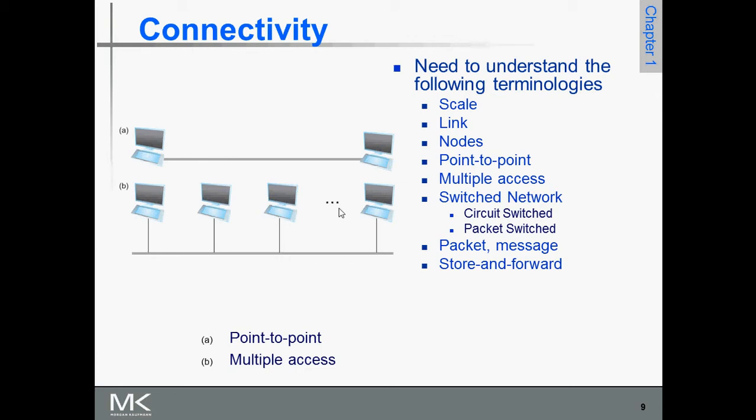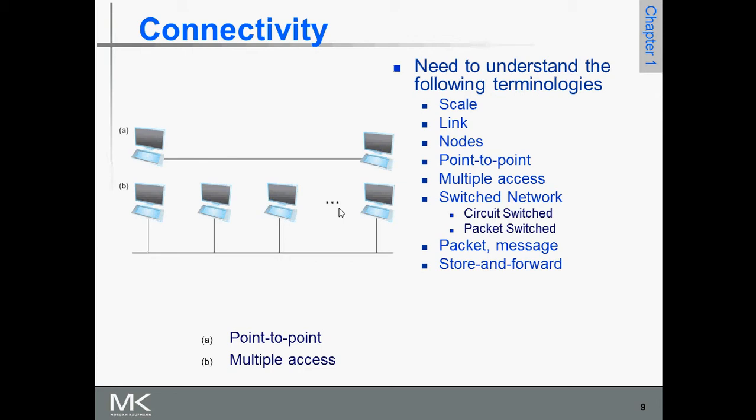So what is meant by scale? It is very simple. Scalable connectivity, or the scale, is nothing but your network should be capable of adding computer nodes dynamically based on the client requirements.